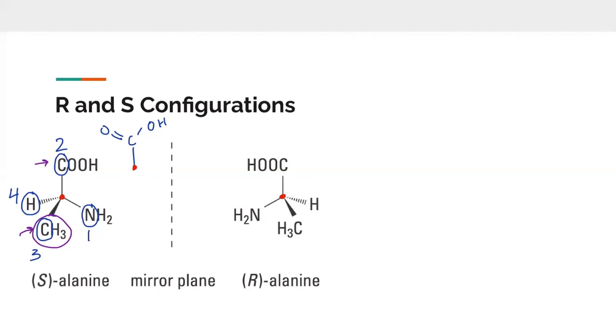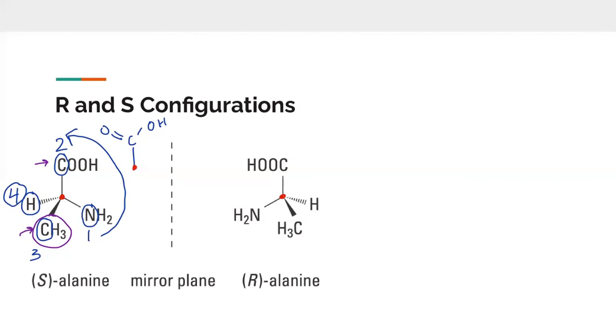In this case, 1, 2, and 3 are counterclockwise, and you always view clockwise or counterclockwise by positioning the 4th priority as a dash, so pointing into the page. For example, if you instead had the 4th priority coming out of the page, you'd have to rotate the molecule in your head so that the 4th priority is at the back of the page, and then determine whether 1, 2, and 3 are clockwise or counterclockwise.